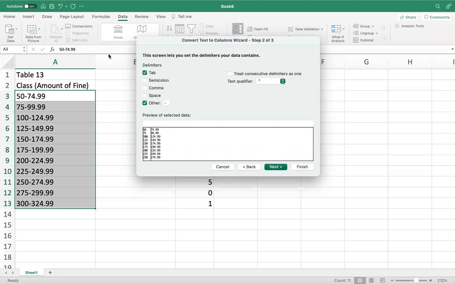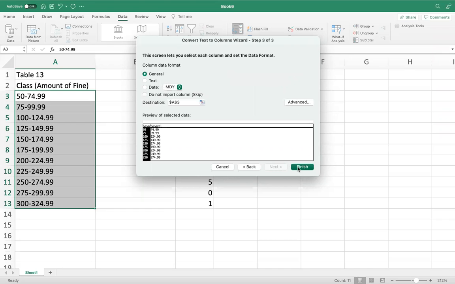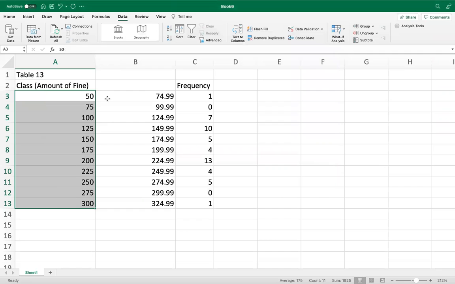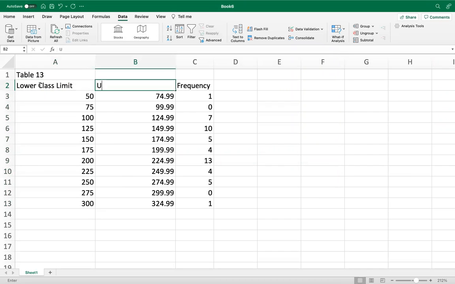We had to put that space in the middle first, because if we didn't, the data would have nowhere else to go. We would have to overlap them. From here, we just hit next, finish, and it separated our data for us. Now what we have here is the lower class limit, and we have the upper class limit.